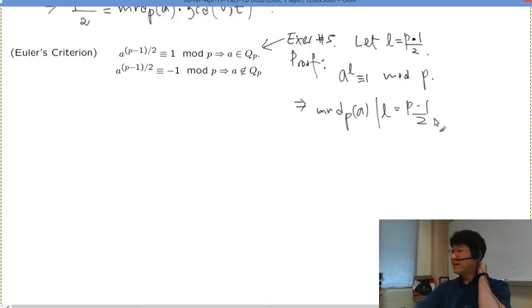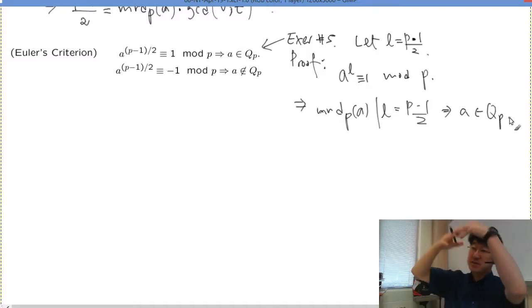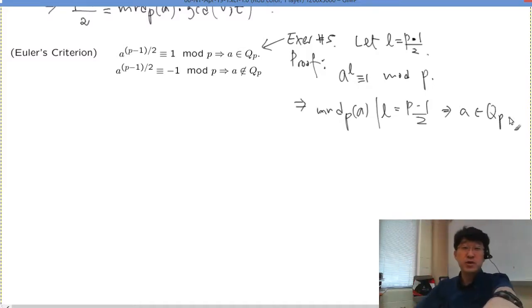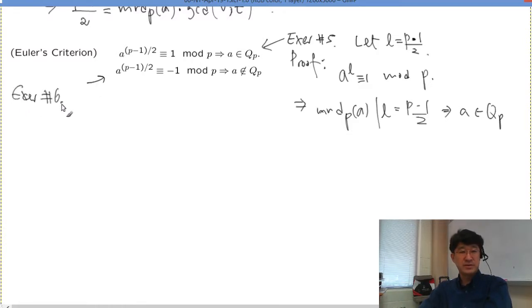So a is in QP. Clever Euler, right? You raise to that half of p minus 1, you reach 1, you know it's a quadratic residue. Okay? What's exercise number 6? Second part, yeah. Exercise number 6. Prove it.